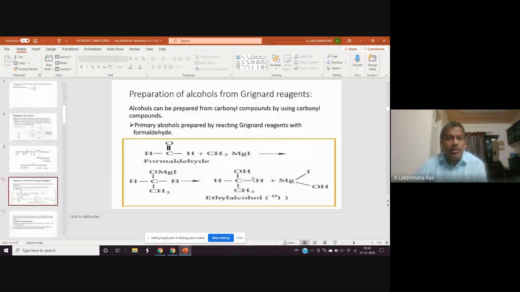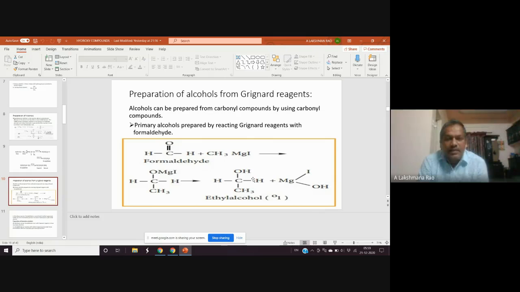Now we are going to another method for the preparation of alcohols. In this method, we are using Grignard reagents for the preparation of alcohols. This is a very important method because in this method we can prepare three types of alcohols by using Grignard reagents. That means we can prepare primary alcohols, secondary alcohols, and tertiary alcohols.